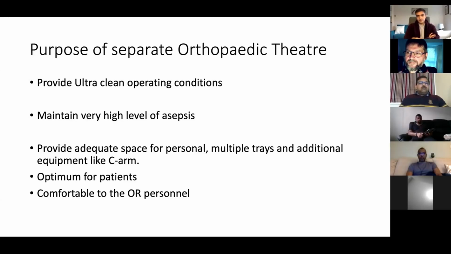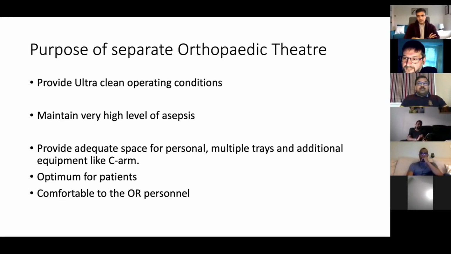So what is the purpose of a separate orthopedic theater? It provides ultra clean operating conditions. It maintains a very high level of asepsis. It provides adequate space for personnel, multiple trays, and additional equipment like the C-arm. The conditions should be optimum for the patient for the best results, and comfortable for the OR personnel who are working there.